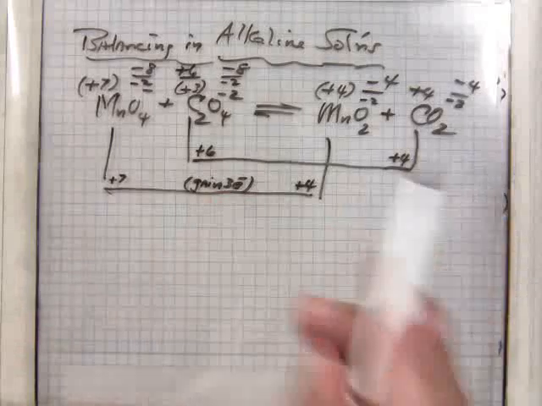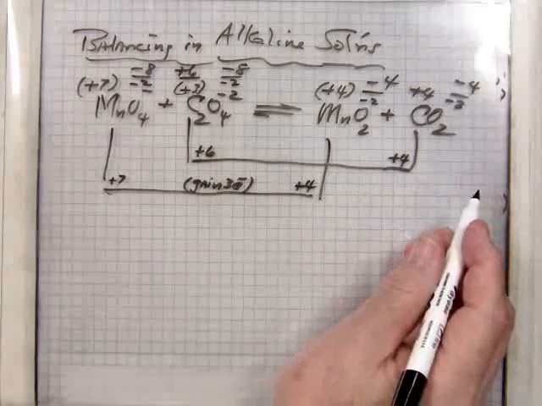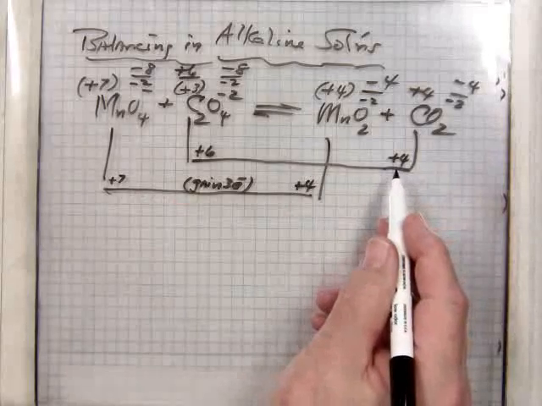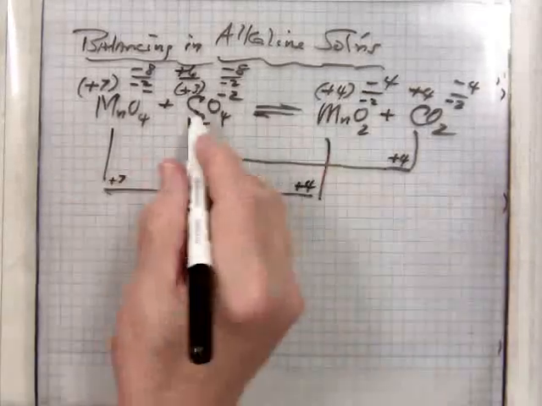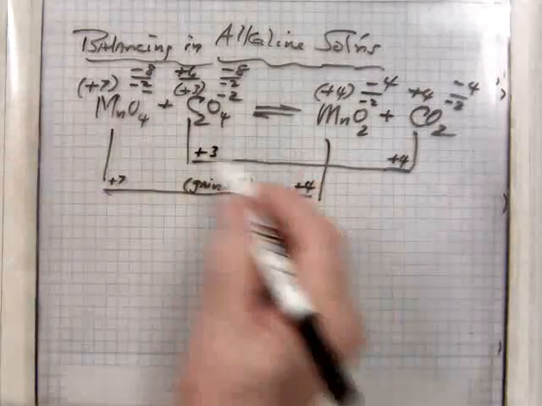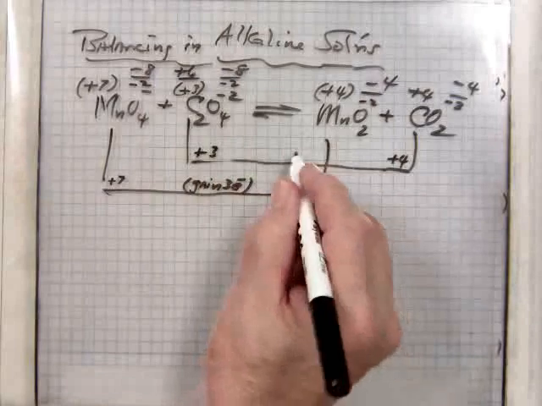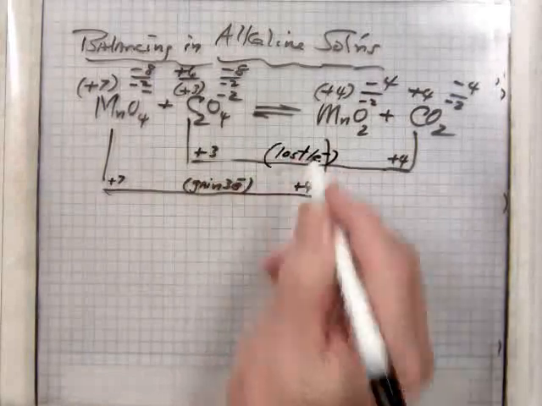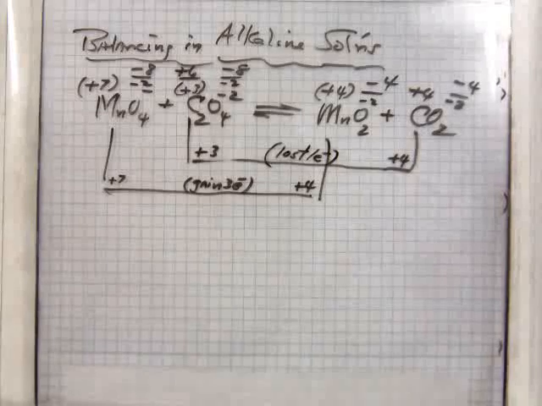Okay, 6 to 4. Wait a minute. You can't do that. No, +3, sorry, not 6. Anyway, 3 to 4. Lost 1 electron. Yeah, you can't have 2 reductions. A good example.